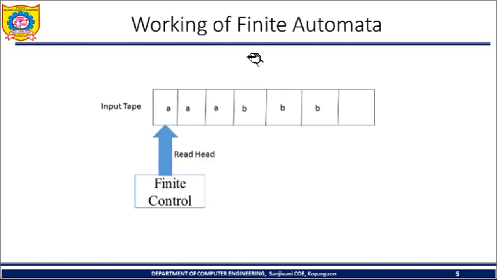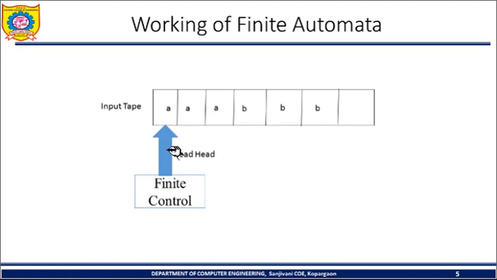Now, the working of finite automata. It consists of 3 modules. One is the input tape, which is divided into identical squares. Each square is called a cell, and each cell contains an input alphabet. Here you can see in this input tape, small a and small b are the input alphabet. Here we have placed 3 a's followed by 3 b's.